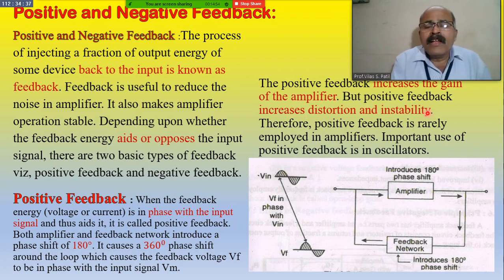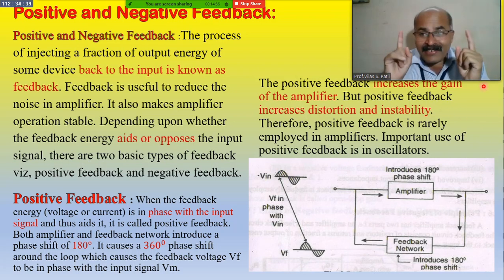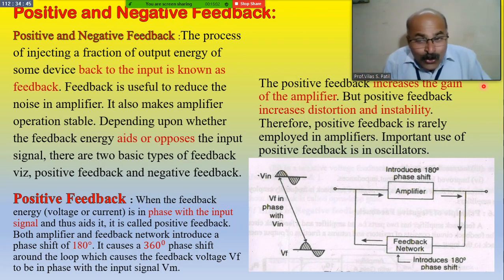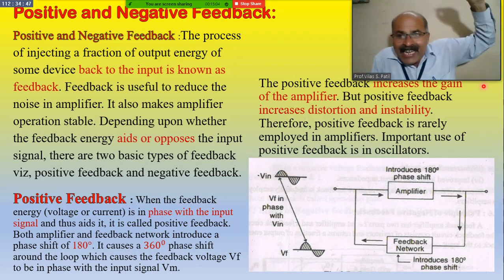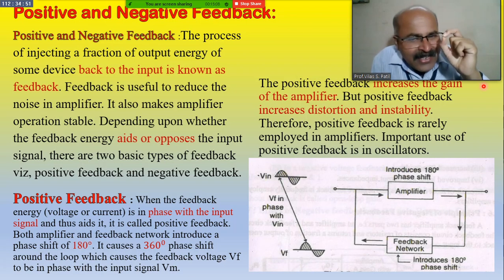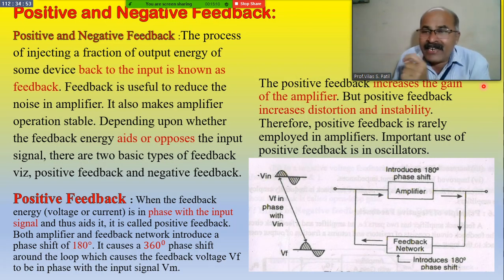That is, the positive feedback increases the gain of the amplifier, means the positive feedback is used to enhance the gain of the amplifier. Also, it increases the distortion and instability. These are the two demerits.